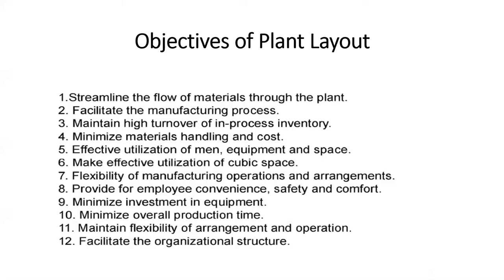So flexibility is very important. Then it provides for employee convenience, safety and comfort. The plant layout should be such that employees do not face any inconvenience in going from here to there. Proper safety measures should be taken, and the environment in the manufacturing unit should be comfortable.